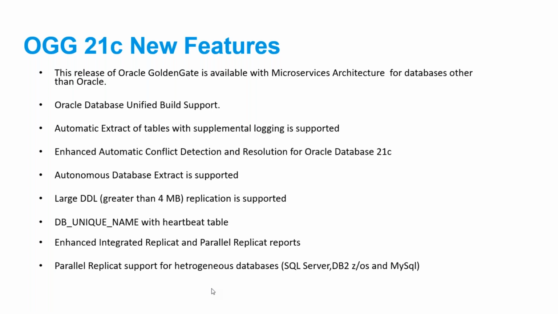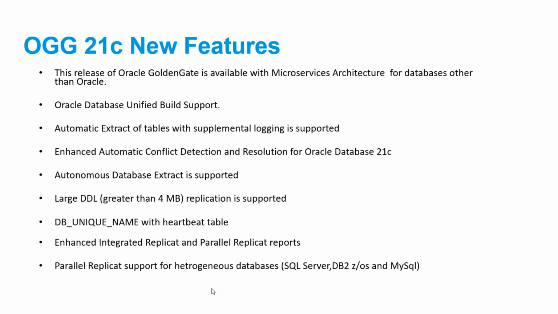Now another feature is parallel replicate support for heterogeneous databases like SQL Server, DB2, z/OS, and MySQL has been introduced. So parallel replicate support for multiple non-Oracle databases has been introduced as well. Prior to 21c, let me quickly give you the overview of parallel replicate.